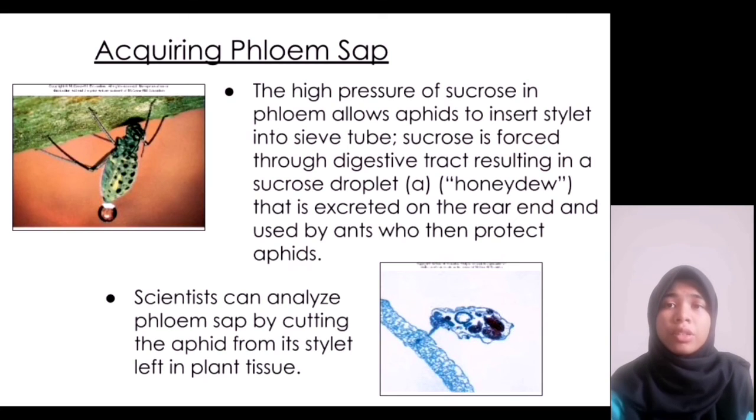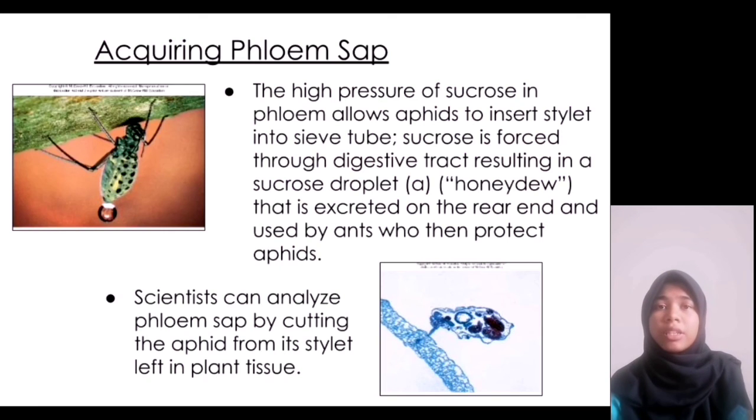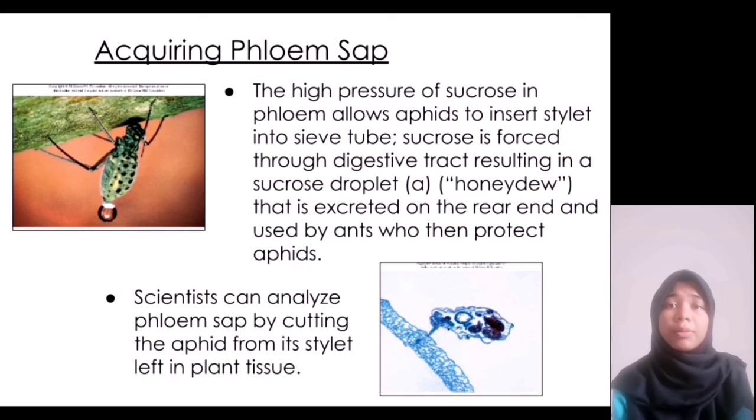And the sucrose is forced through the digestive tract, resulting in a sucrose droplet, which is honeydew, that is excreted from the rear and used by ants, who then protect the aphids. In turn, the ants that consume the honeydew will protect the aphids. And scientists can also analyze phloem sap by cutting the aphids from their stylet left in plant tissue.